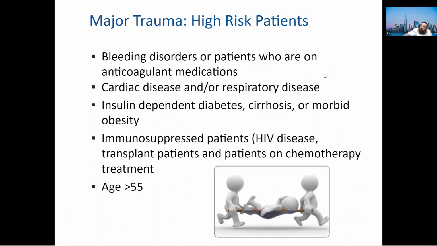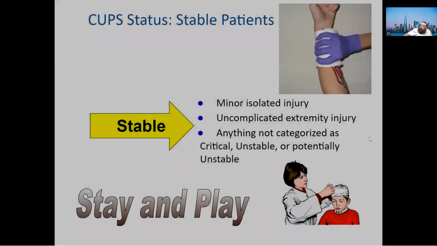Just a general rule that any patient who takes blood thinners, which is the anticoagulant medication, and there are many, many reasons why we might put patients on an anticoagulant, and if they fall, they bump their head, they do any sort of thing like that, they go in. They're critical patients because you have no idea what's going on on the inside and how much blood they may lose.